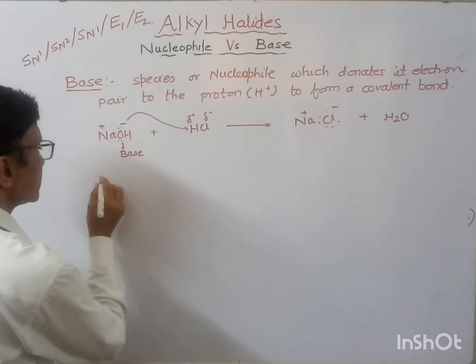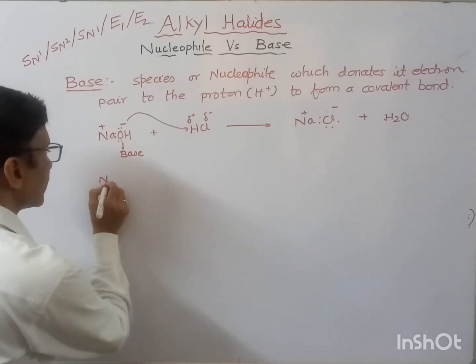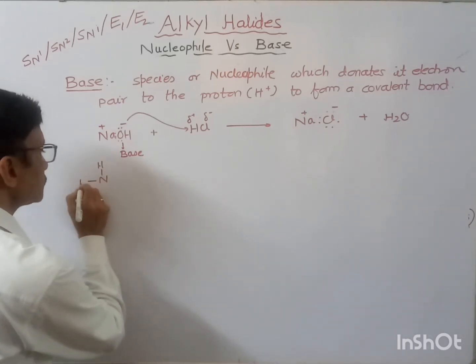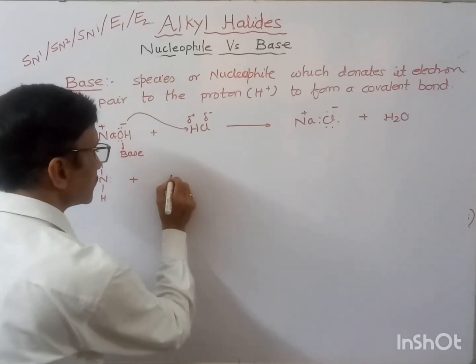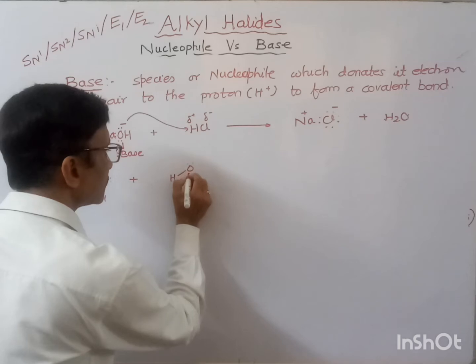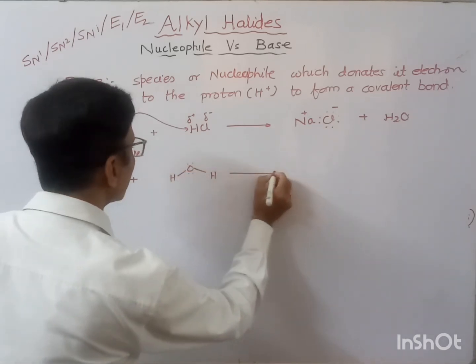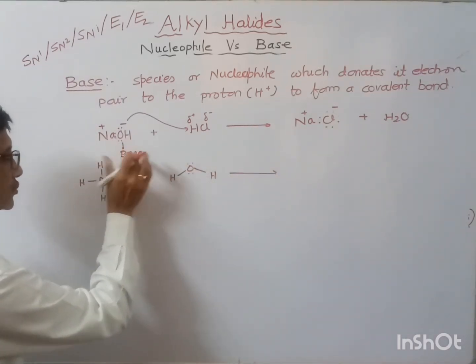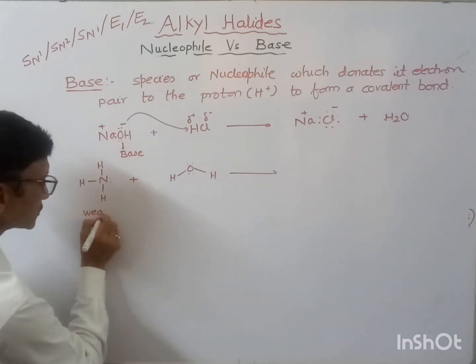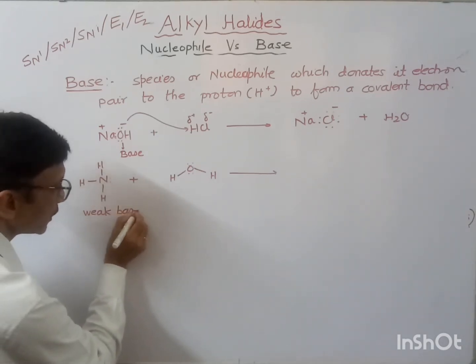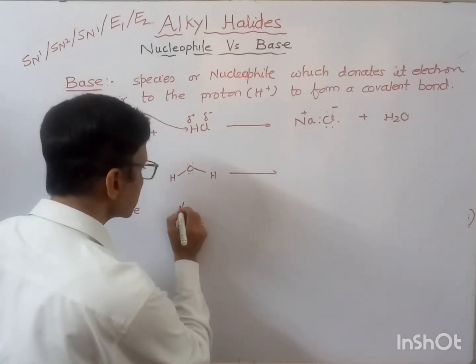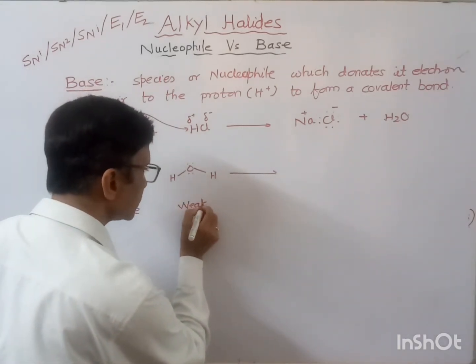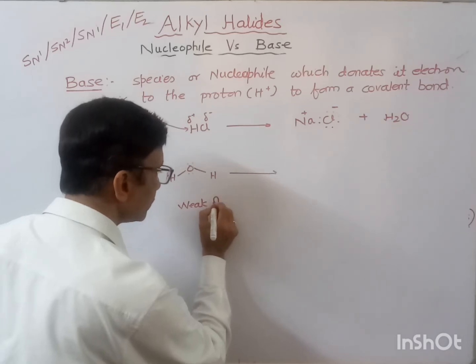Now in the same way, suppose I write the reaction ammonia plus water. We know that NaOH is a strong base, and this is a weak base, plus this is, suppose, a weak acid. H2O may act as a weak base or weak acid.